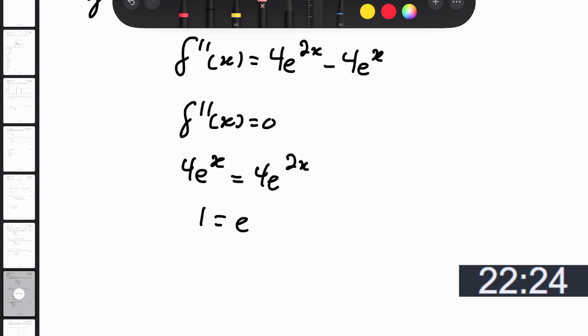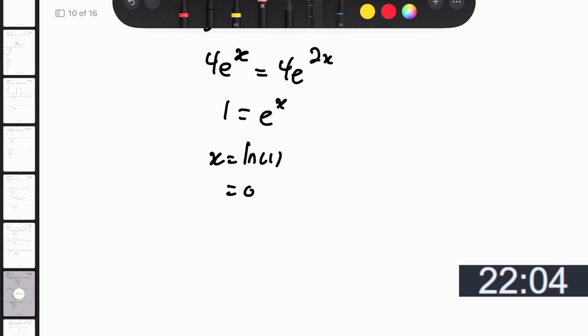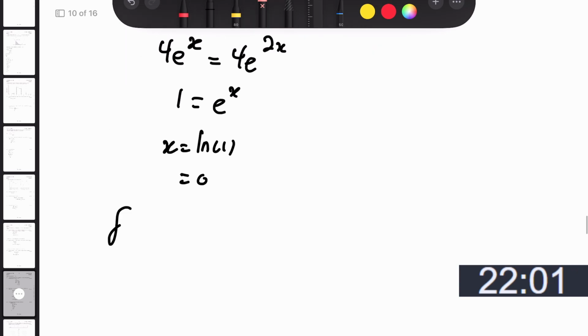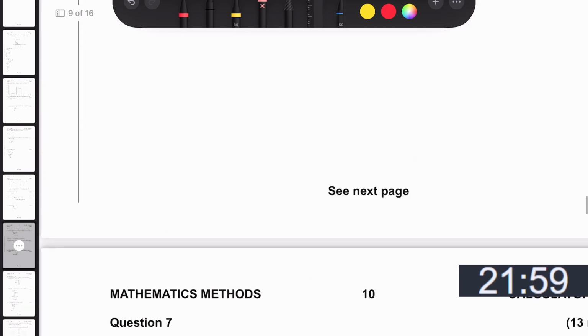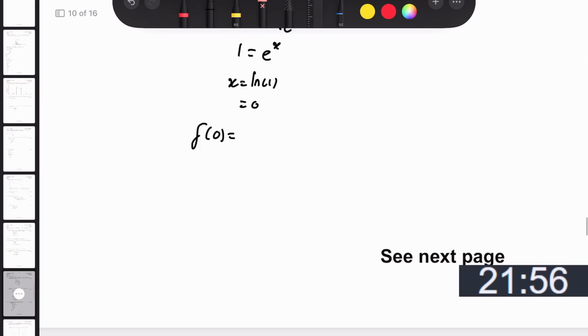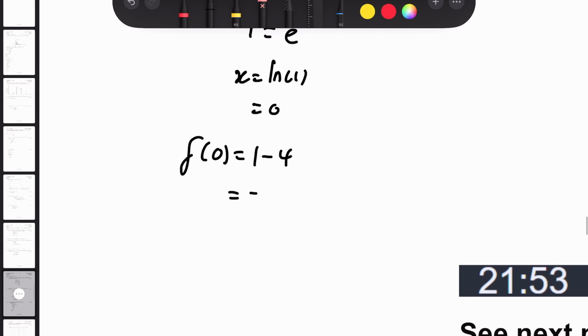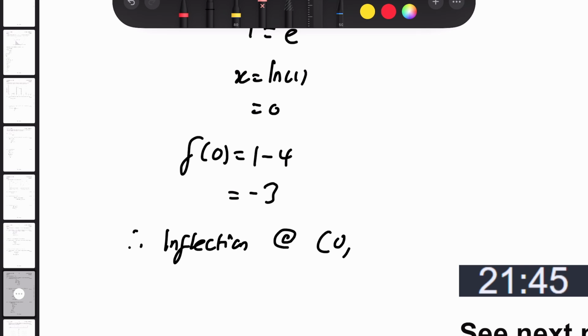So 1 is going to equal e to the x. So x is going to be equal to ln of 1, which is 0. And then f of 0 is going to equal 1 minus 4, so negative 3. So, therefore, inflection at (0, negative 3).